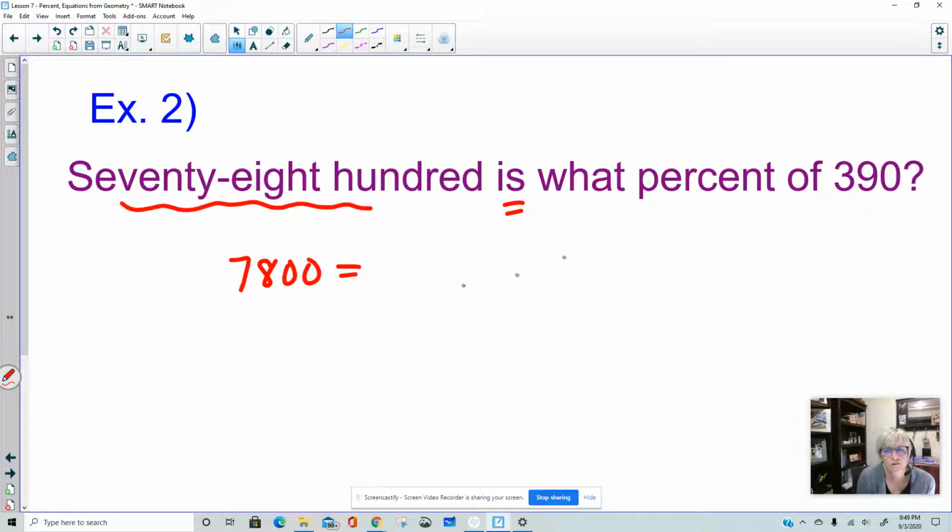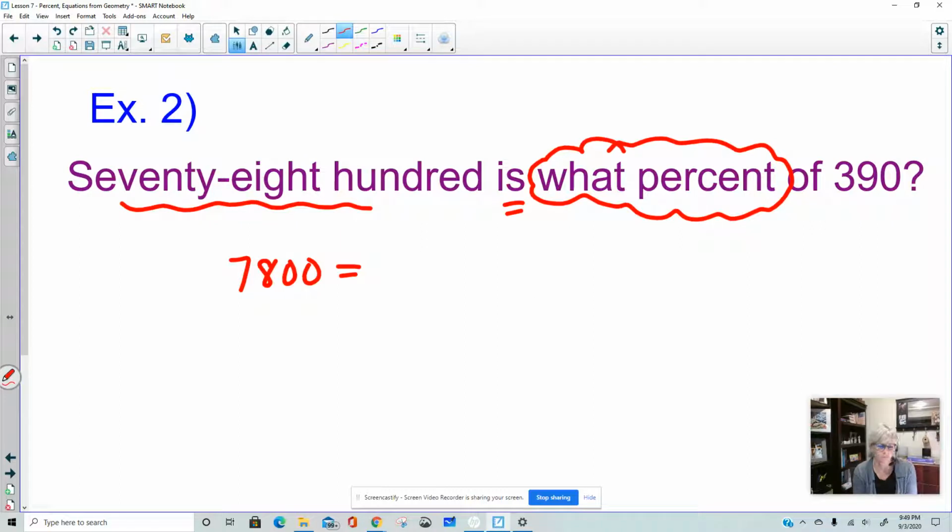What I like to do is write this as what is the x, okay? And then percent, I think of that as per means divided by, so I divide, and then cent means 100. What percent I can write as x over 100. I'm solving for what part out of 100.